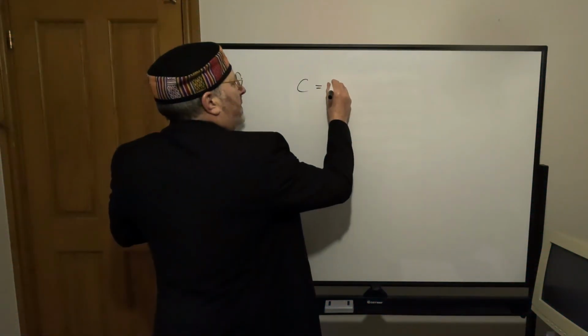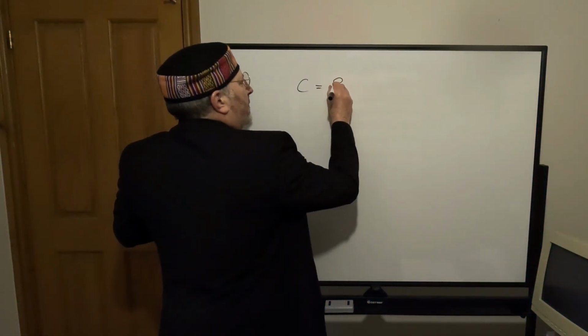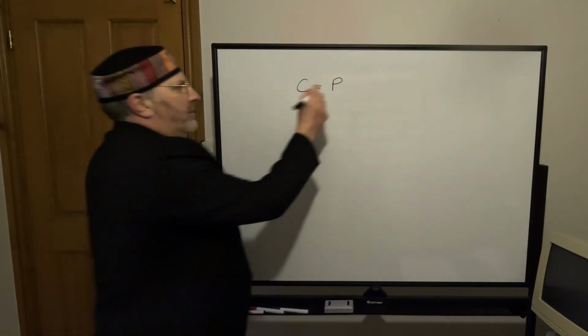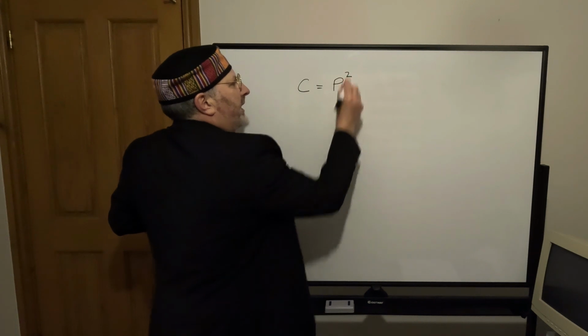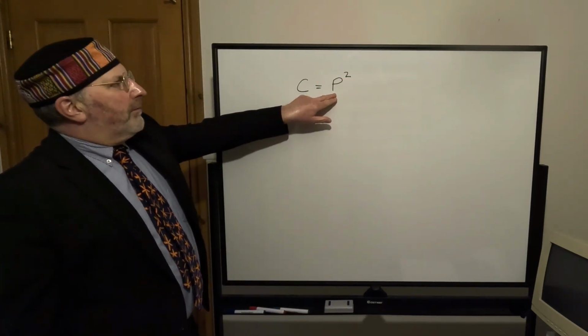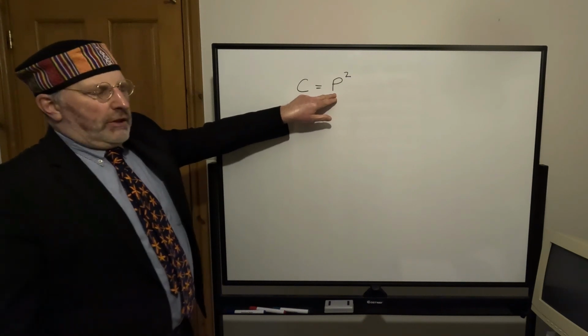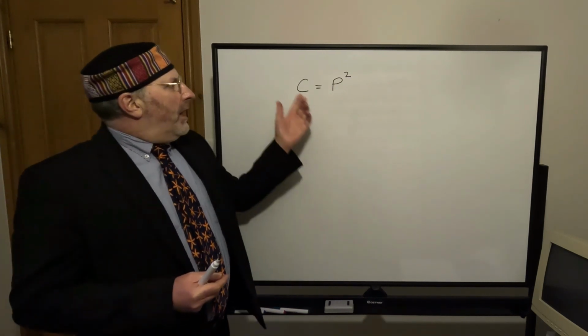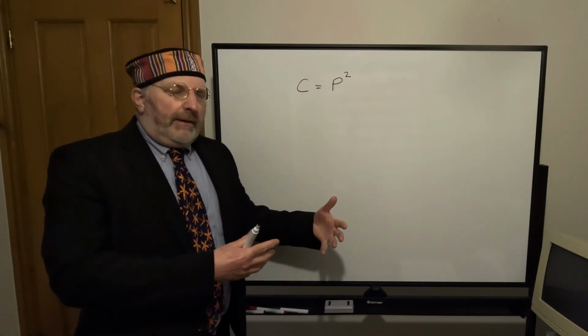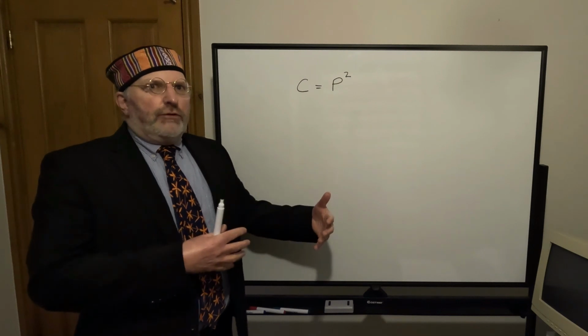And I'll take another simple example. Let's suppose we're interested in the relationship between the per capita crime rate in a city and its population. And let's suppose we believe that it is proportional to the square of the population. And we might say that because the per capita crime rate depends upon the number of potential victims and the number of potential criminals.